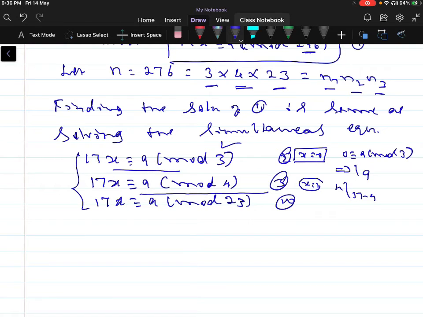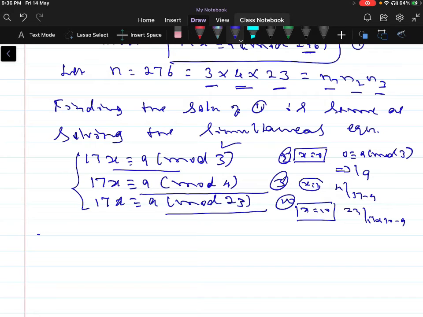Similarly for x equal to 10, 23 divides 17 into 10 minus 9. Therefore x equal to 10 is a solution of equation 4. So by the inspection method, x equal to 0, 1 and 10 are the solutions of equations 2, 3, 4.